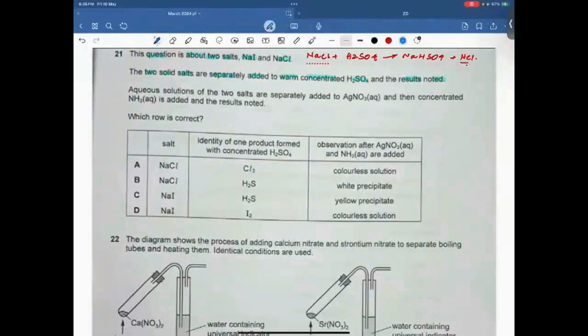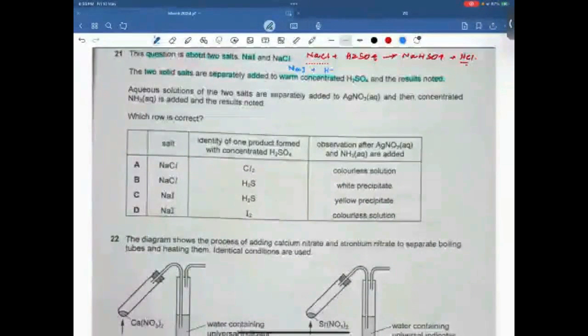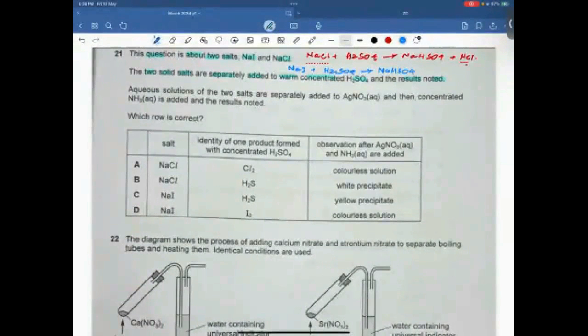The second equation is basically sodium iodide. When reacting with H2SO4, it is converting into sodium hydrogen sulfate initially with misty fumes of HI.